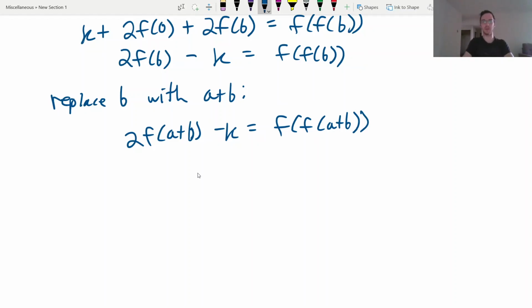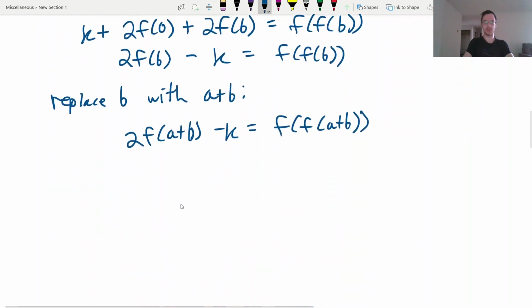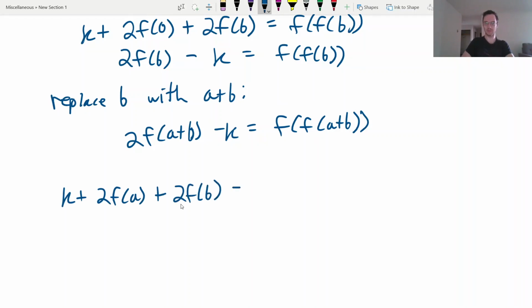Now if we go back up to this equation, we see that k plus 2f(a) plus 2f(b) is equal to 2f(a + b) minus k. And now simplifying, we see that this is true.